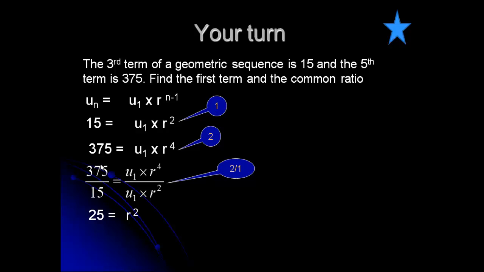There's 25 15s in 375, so r equals 5. To find the first term, the third term, 15, is u1 times 25, so u1 equals 15 divided by 25, which is 0.6.